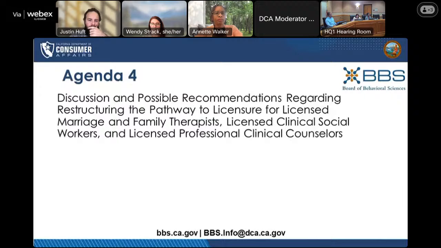The last time we discussed this was in August 2022. The possibility of removing the provision was discussed, but there were still concerns from the board members and the stakeholders about possible exploitation of associates. So what we're proposing is a more limited approach that could apply for a limited time in instances of hardship.